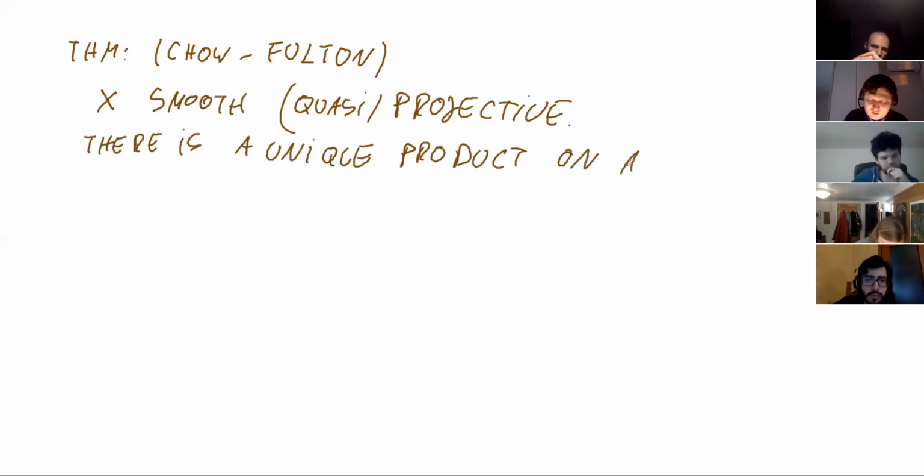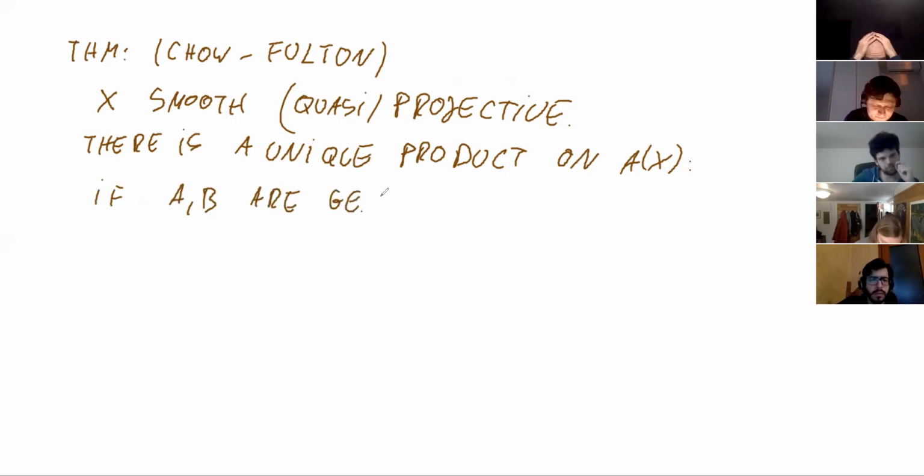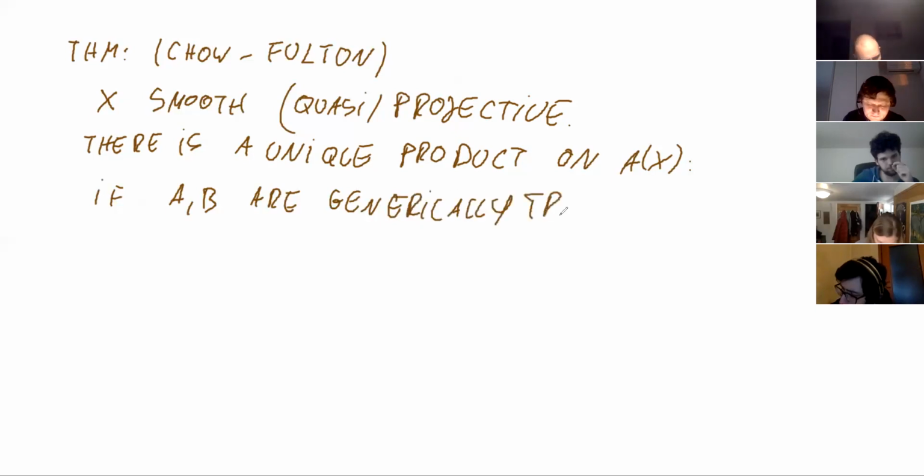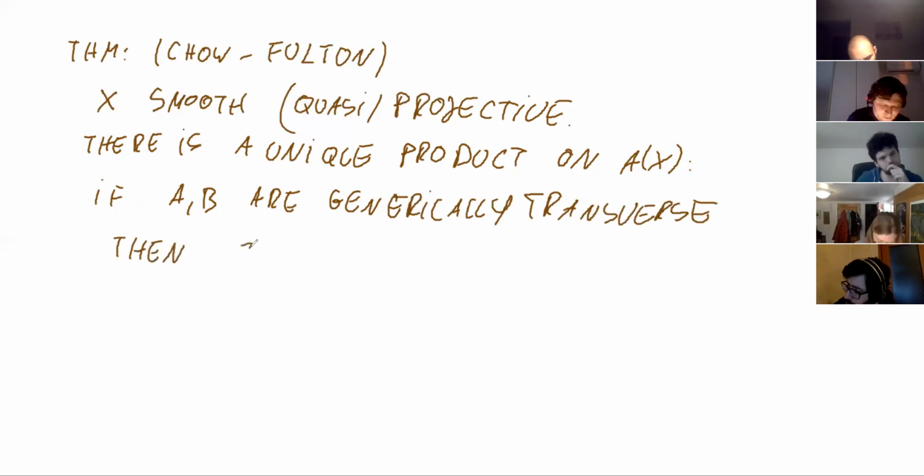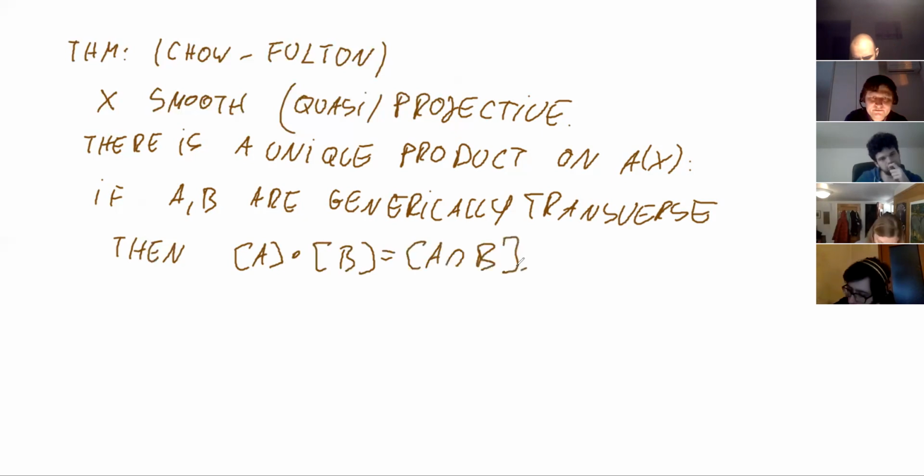on the Chow group such that if A, B are generically transverse, then, well, if you take the class of A times the class of B, this is the class of A intersected B. Okay?